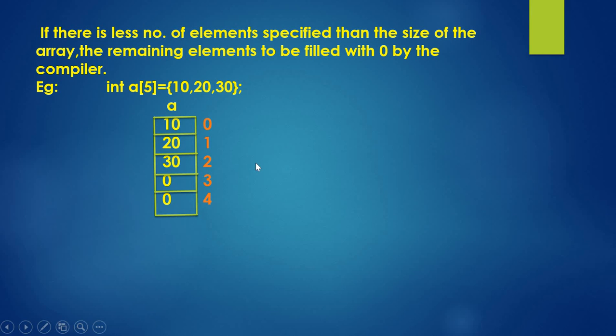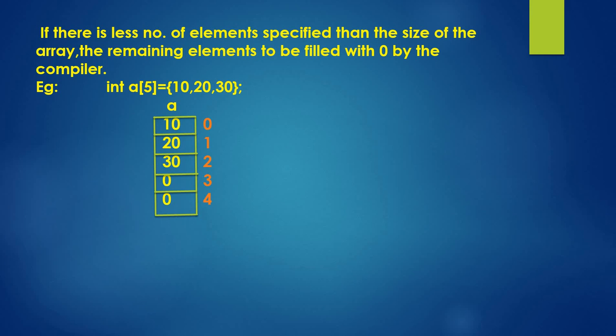Actually, that is a disadvantage of this array also. If you declare a 100 element array and use only 2 elements, the remaining 98 spaces will be wasted. That is, first we need to know the size of the array, how many elements we are going to store.